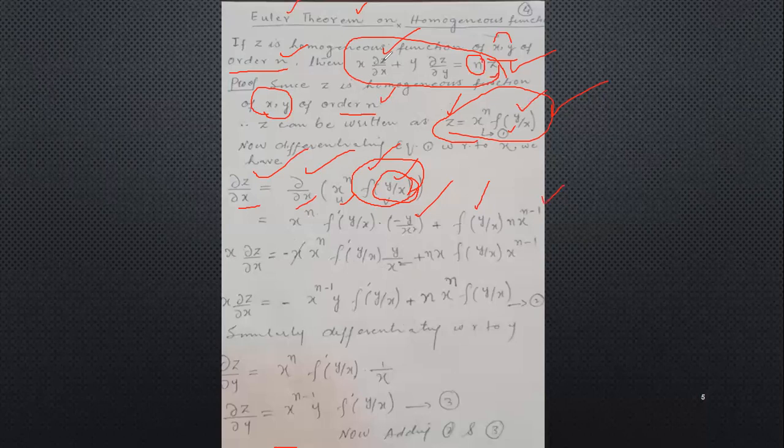Now in the theorem, the first term on the left hand side is multiplied by x. So we multiply by x on the left hand side as well as on the right hand side.